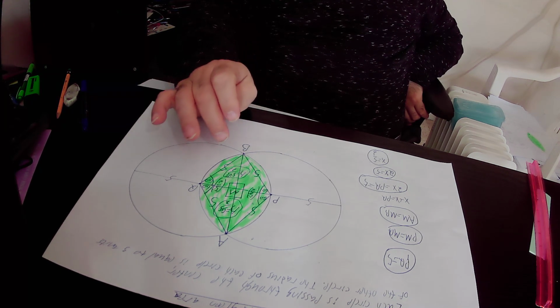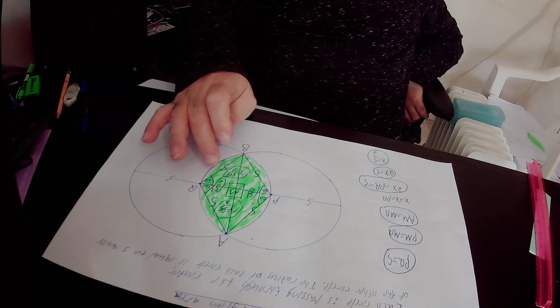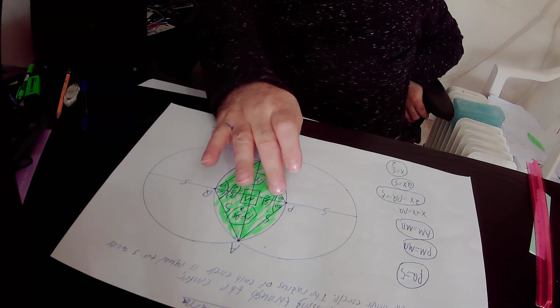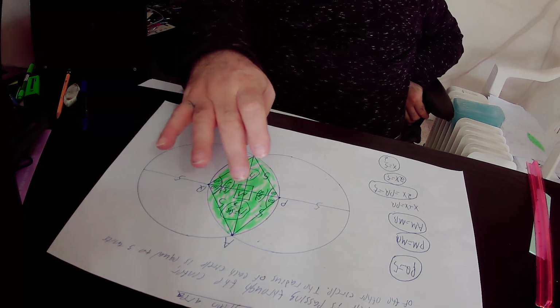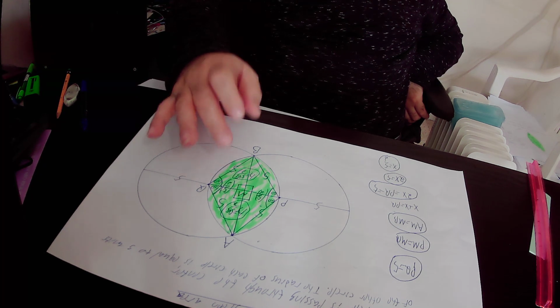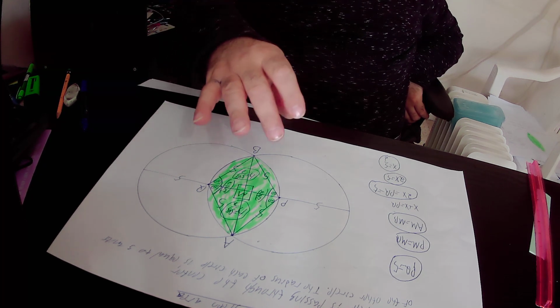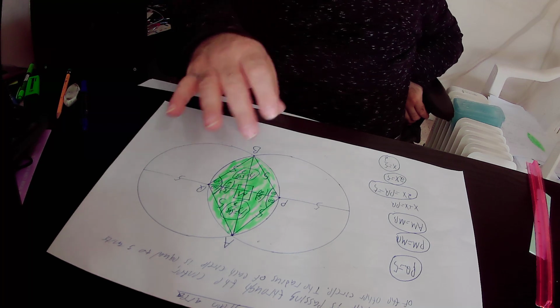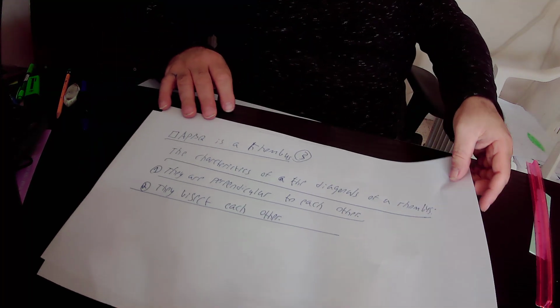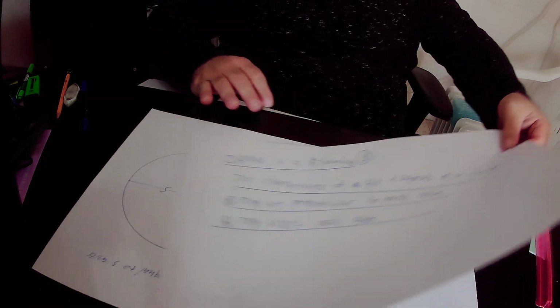Okay, here you can see that this angle, for example, equals 120 degrees, and this angle equals 120 degrees, therefore quadrilateral APBQ doesn't have 4 right angles, therefore it is a rhombus.